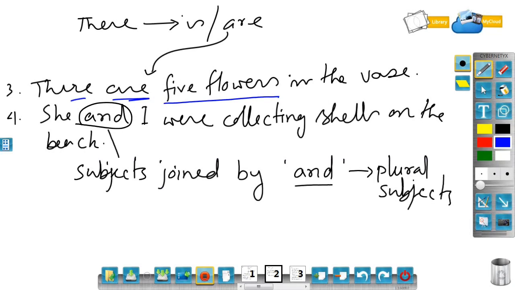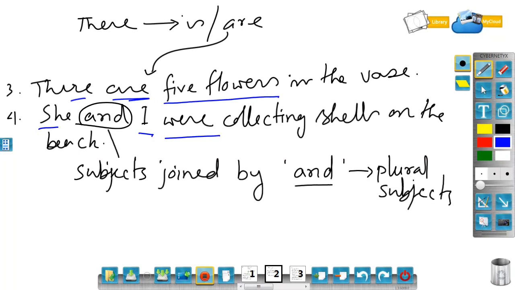Okay. In the next sentence, C and I are collecting shells on the beach. When two singular subjects are joined with a conjunction, the subject is plural.